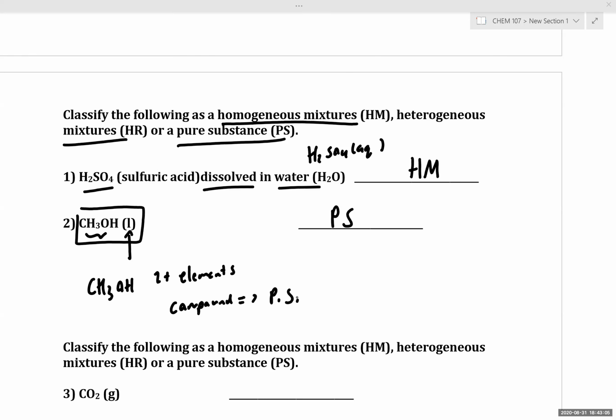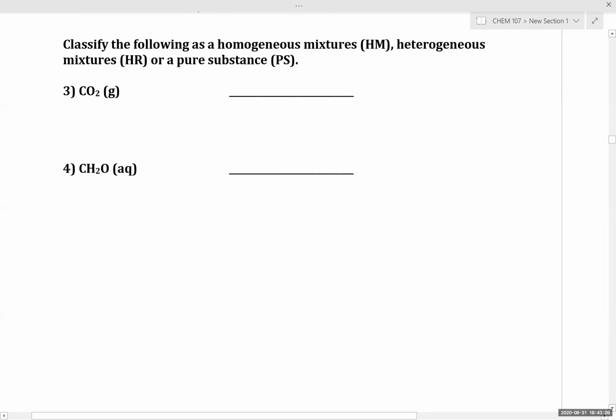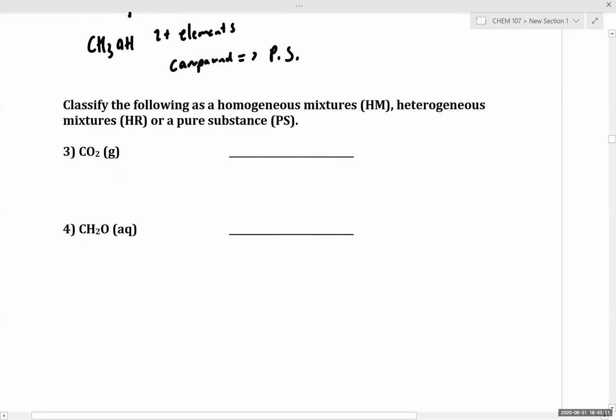If not, let's work on the following example where we classify the following mixtures as homogeneous mixtures, heterogeneous mixtures, or pure substances. And we'll discuss this example in about 2 minutes.